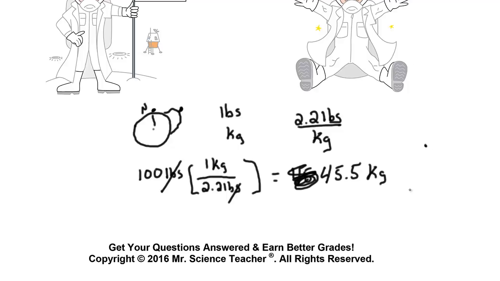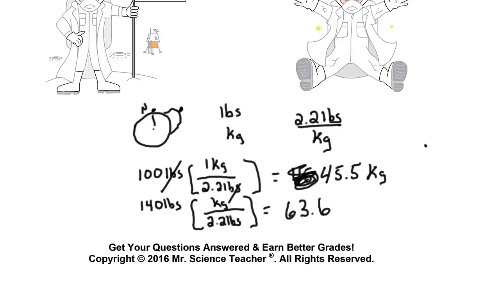So in your mind, I want you to think kilograms is always less than pounds. So think of it like this. If a typical high school student weighed 140 pounds, how many kilograms? What would their mass be? Well, it would be 2.2 pounds for every kilogram, and so 140 divided by 2.2, and you'll get 63.6 kilograms.